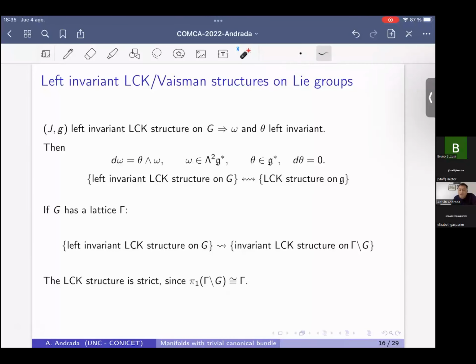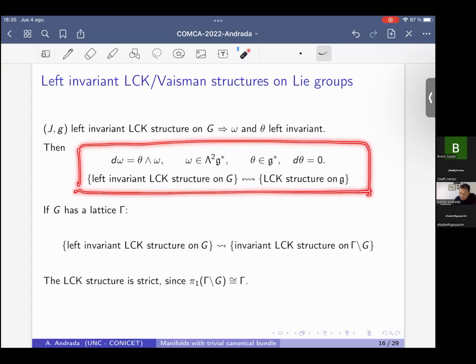So we will try to find left invariant LCK or Vaisman structures on Lie groups. In this case, this means that everything is left invariant, the Hermitian metric. Also, this implies that the Lee form and the fundamental 2-form are also left invariant. So we can work everything at the Lie algebra level.